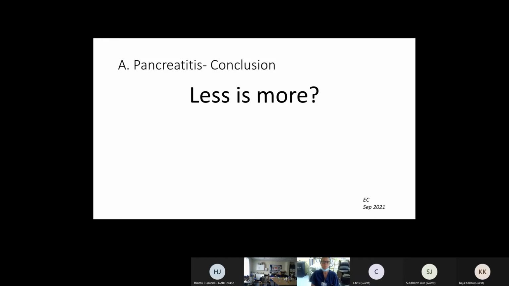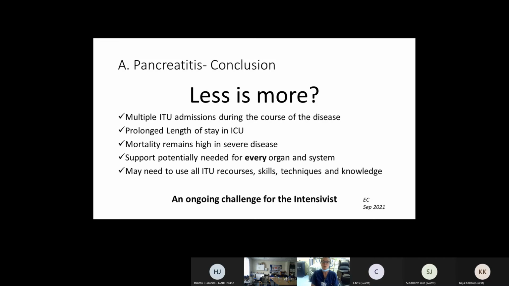Now, we could ask ourselves, in pancreatitis, is less more? It looks like so when we look at the surgical approach over the years: doing less, waiting until a certain phase of pancreatitis, has proven to improve survival. But when it comes to ITU, these patients have multiple ITU admissions during the course of the disease.